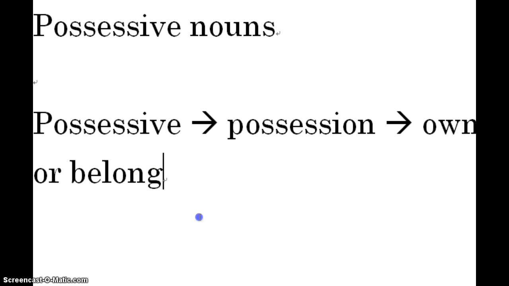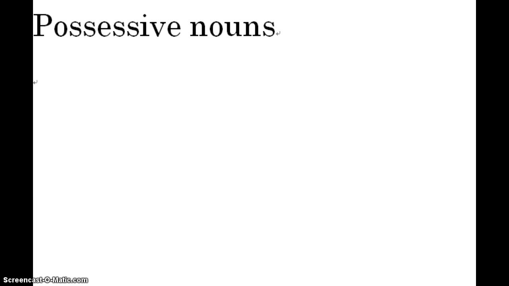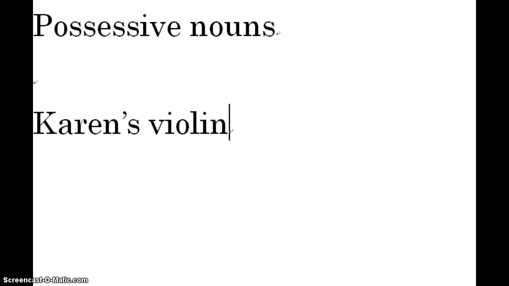Okay, so I'm going to clear the screen here, except I'll just leave that title there, possessive nouns. So if we're talking about a violin, which belongs to Karen, we can say Karen's violin. And the word Karen's, that is a possessive noun.